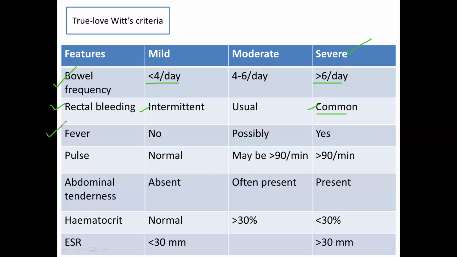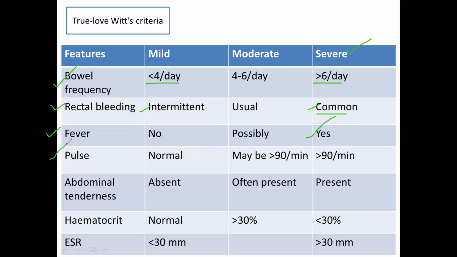Third point is fever. If the patient does not have fever, it is considered mild. If there is a possibility of fever, meaning sometimes fever comes and sometimes it may not, then it is considered moderate. And if it is associated with fever, it is considered severe.